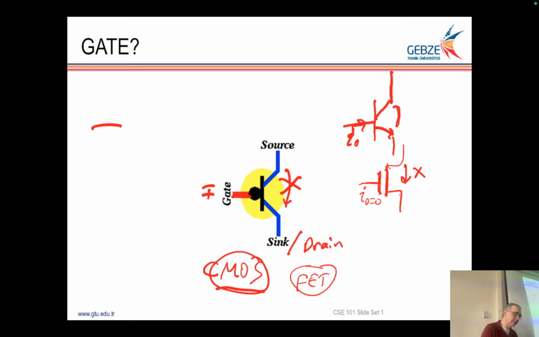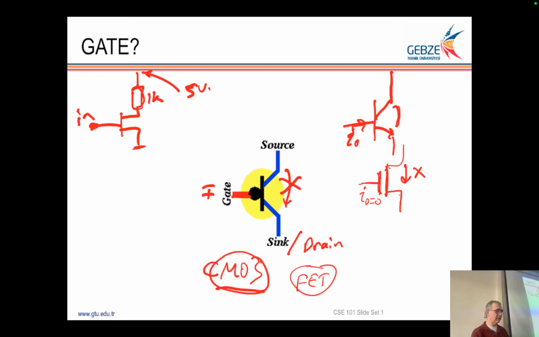Instead of using one transistor and 5 volt at the top and 1 kilo ohm resistor, there will be a dissipation in this 1 kilo ohm resistor, and you have 5 volts here. 5 volts, right? So this is the input voltage.